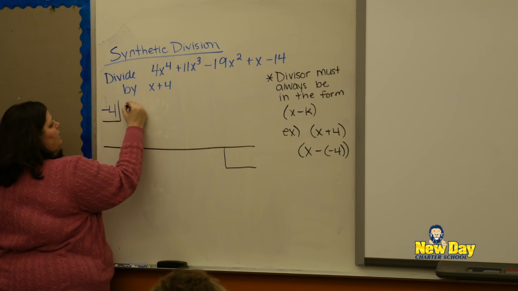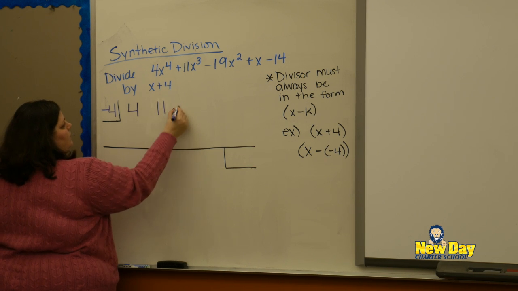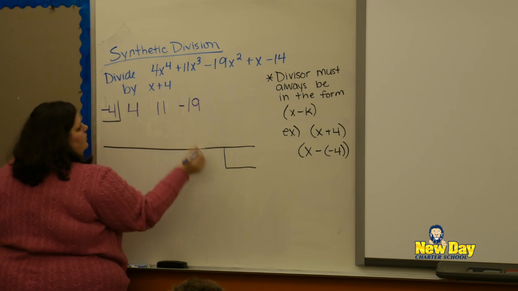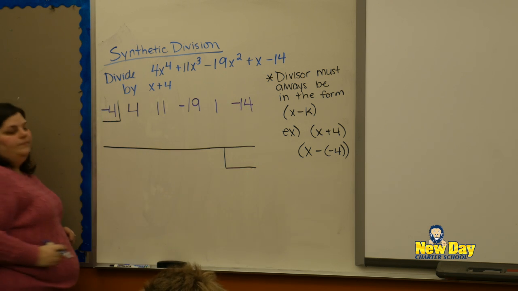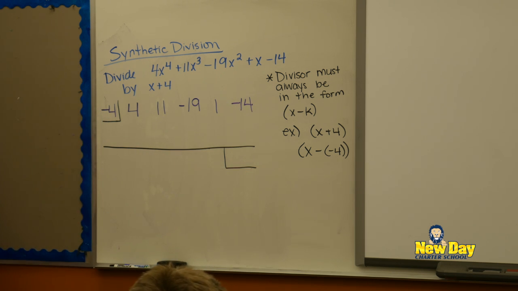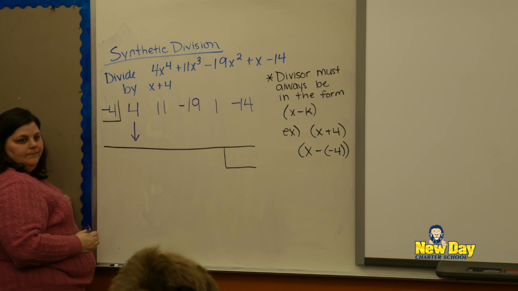So we're going to put 4, 11, negative 19, 1, and negative 14. Okay? Just the coefficients. This is going to be super fast. So the first thing you do is always bring down the first number.